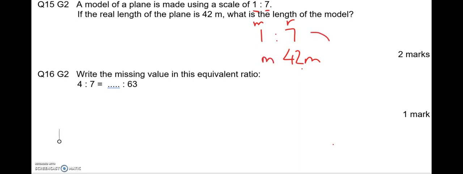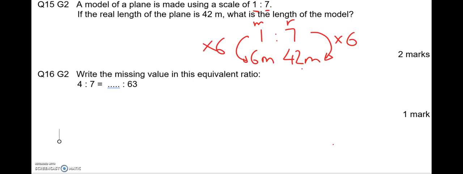So looking at this, how many 7s fit into 42? And that is 6 of them. So 7 times 6 gives us 42. So 1 times 6 will give us 6 meters, which is the length of the model.